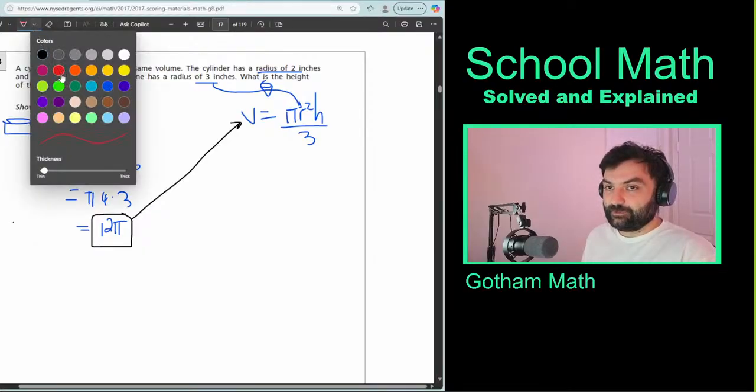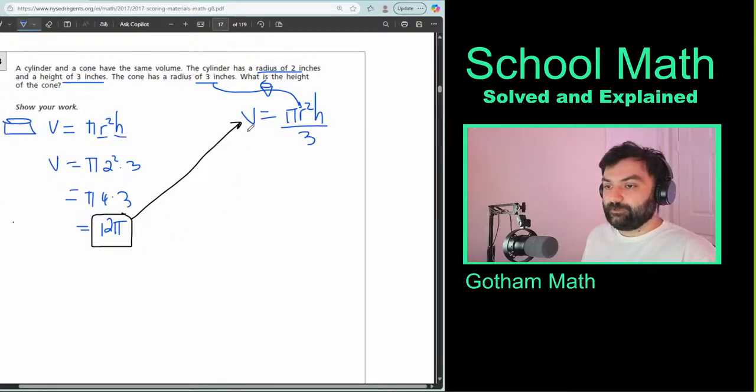So it's going to be like this. Instead of that V, I have 12 pi equals pi times 3 squared now, because the radius is 3 for the cone, times height, that's what I'm looking for, and over 3.